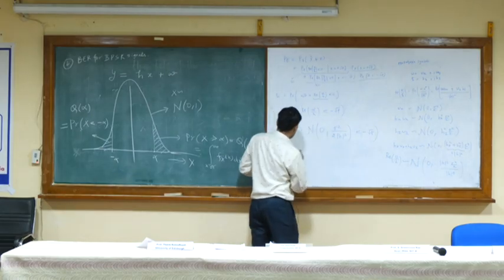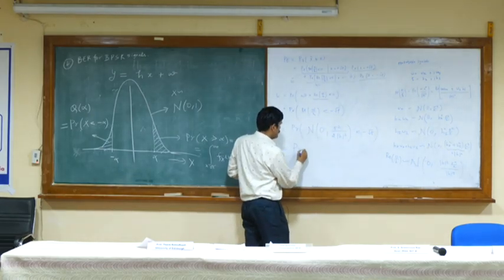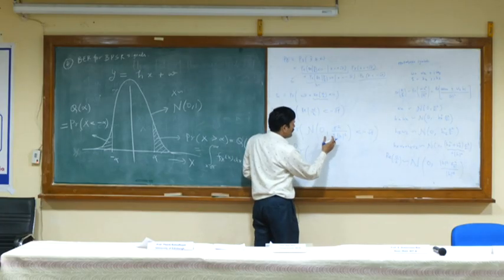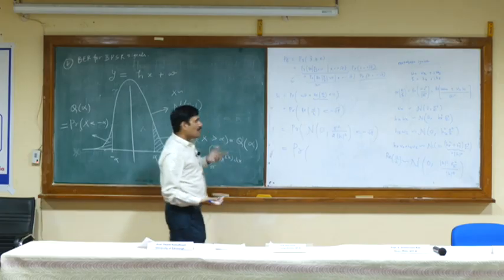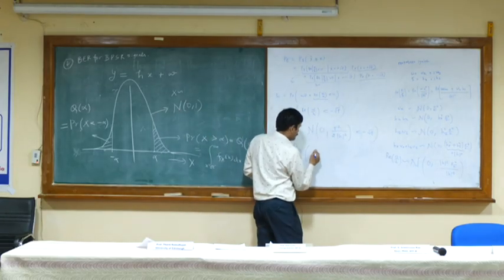So we can convert it in terms of N(0, 1). How do we convert it? We can just take this out.